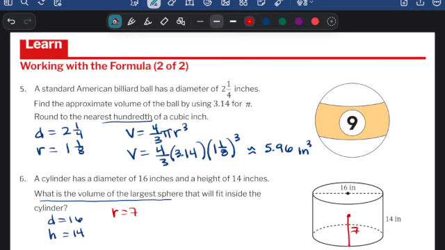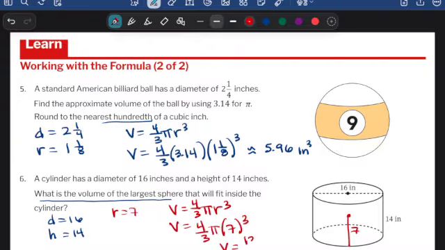Now that we know the radius, we can plug that into our formula for volume. Volume equals 4/3 pi r cubed. Substitute what we know. And it didn't ask for an approximation, so I'm going to leave my answer in pi notation. Times 7 cubed. The volume would then be 7 cubed times 4 divided by 3.